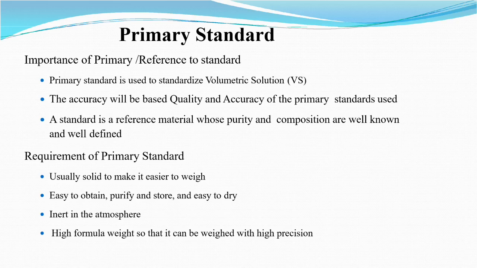If it is a solid, it is easy to obtain, purify, store and dry. Even in storage, it cannot absorb moisture. It is inert in the atmosphere and cannot be affected by it. If possible, it should have a high formula weight so that it can be weighed with high precision.